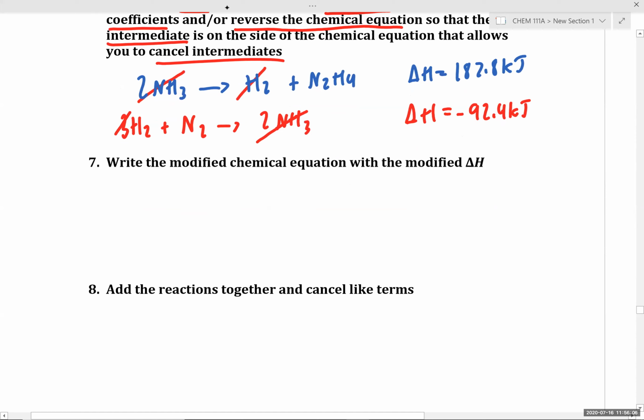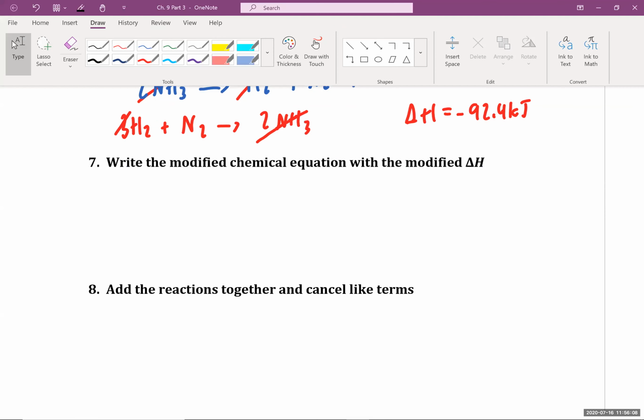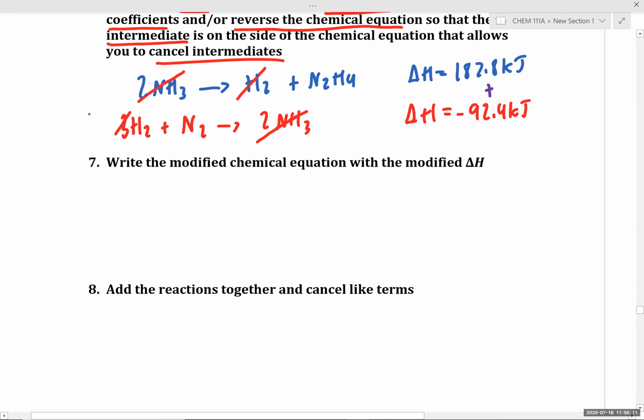So that in turn gives us, when we add our two equations together, we're also adding our enthalpies, and that gives us 2H2 plus N2 leads to N2H4.